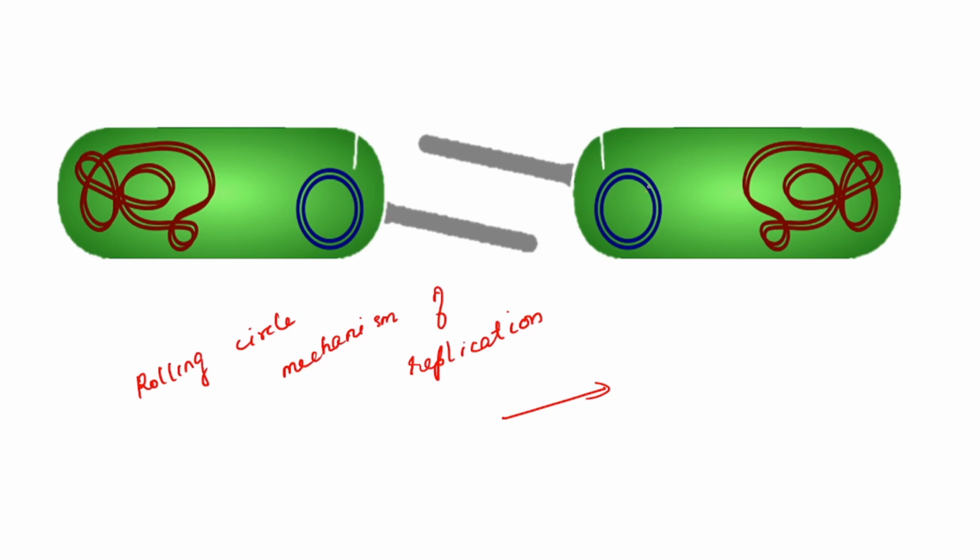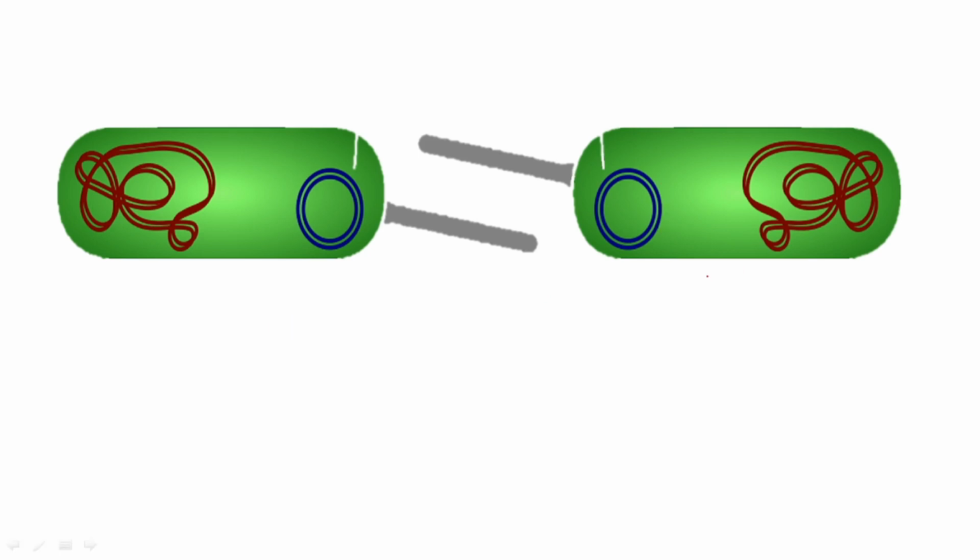That means the other strand is formed from the existing one in one direction, unidirectionally. That type of replication is called the rolling circle mechanism of replication. Okay, is it clear?